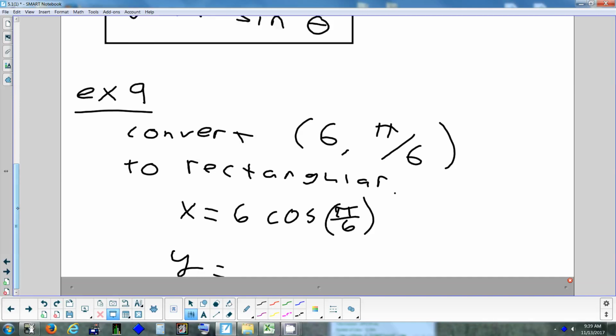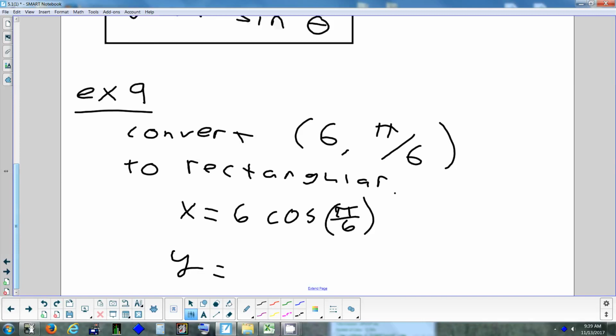Perfect. And could you give me my formula to find y? Do you have it written down? Just look right back at it, and change r and theta to what they are in this problem. 6. What's next? Sine. Yep, sine pi over 6.